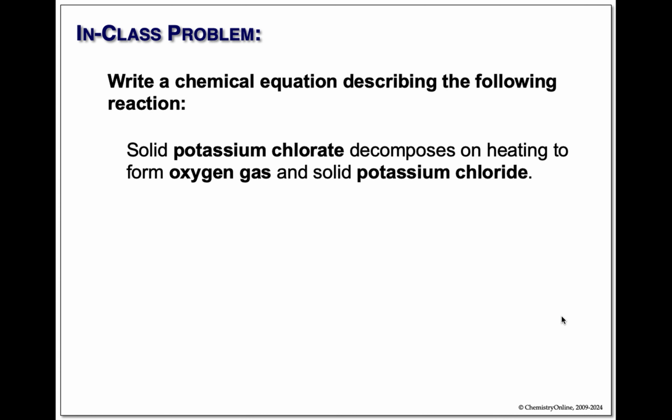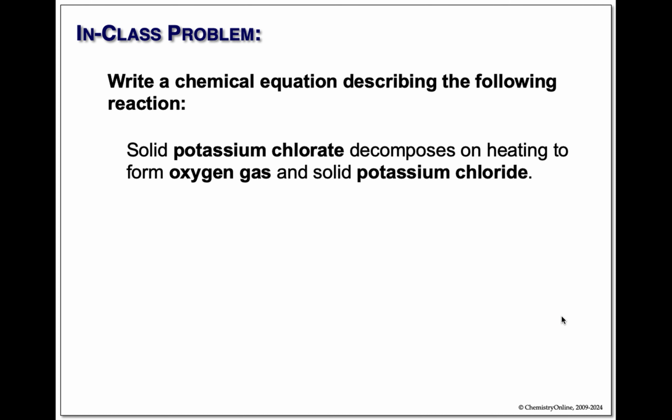This was an exam question. I was testing whether they could write the proper formula for potassium chlorate, and of course they did. Chlorate is a parent of the chlorine family, ClO3, and they're all -1, right? Potassium is +1, so that balances out nicely.